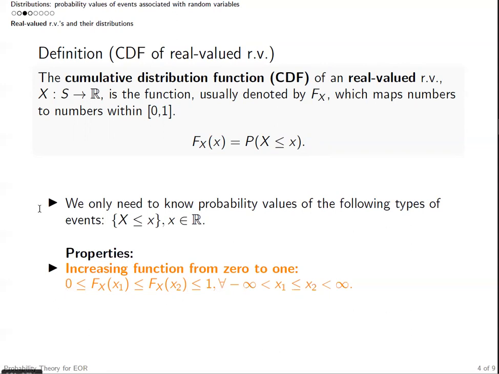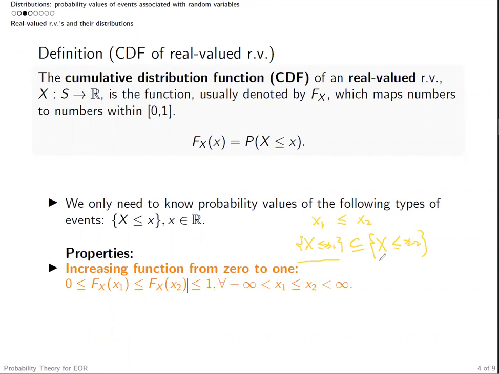from 0 to 1. This is also quite easy to think about, because if we indeed have x1 smaller or equal to x2, then we would know this event, capital random variable X smaller or equal to small x1, will always be within the event of X smaller or equal to this small x2.